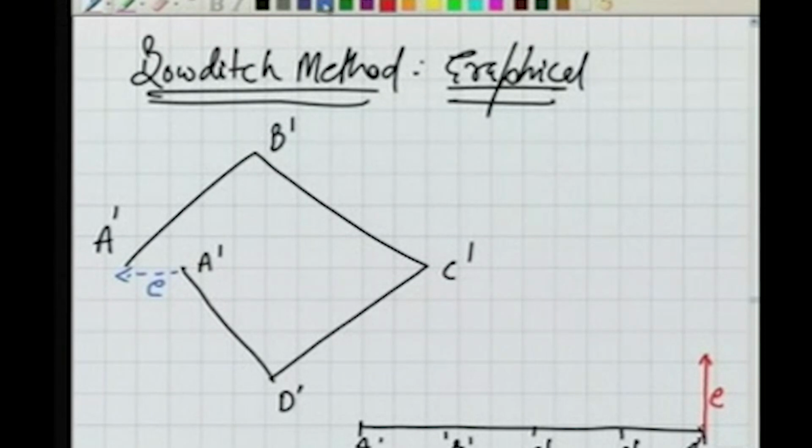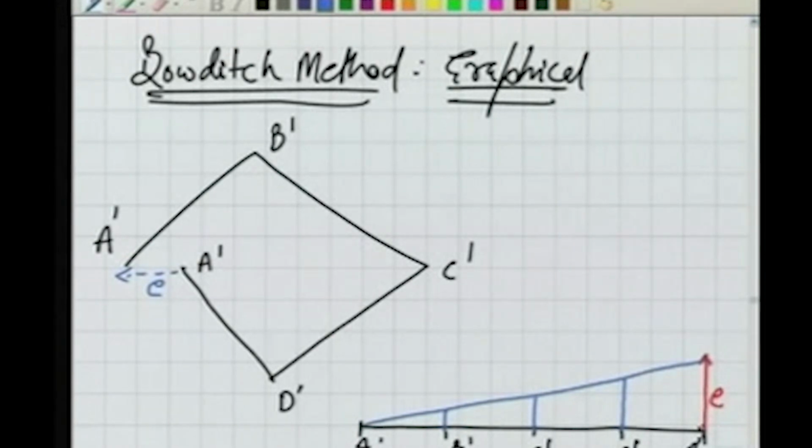Now, to apply the correction, it is a very simple graphical method, because mostly when you are doing the plot and you do not have any computing instrument with you, you can do this correction graphically. Now, this A to A dash is the perimeter of the traverse. E is the total error of misclosure. Now, how to apply the correction?